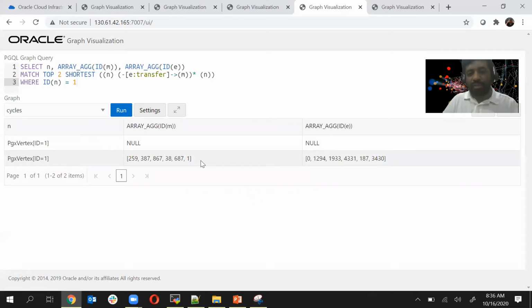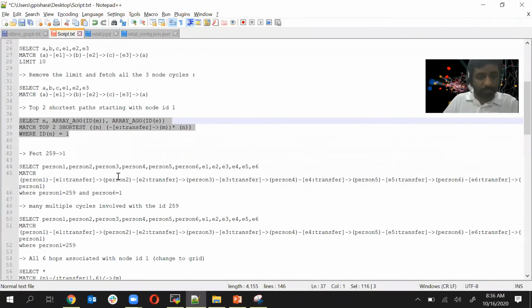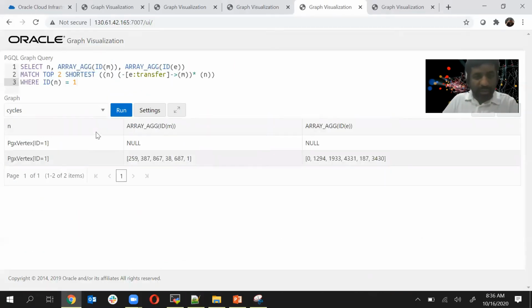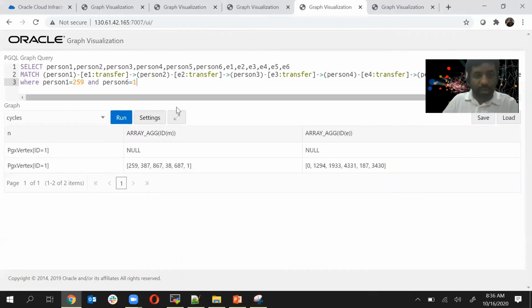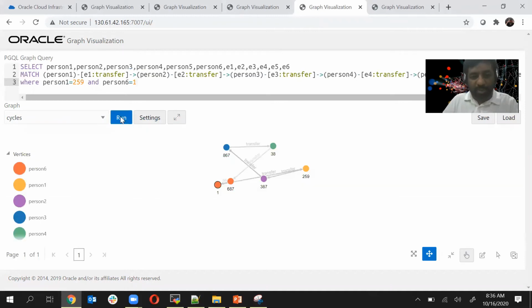Now, let's try to write a query wherein you want to see the actual information connecting this particular shortest path, which starts from 259 and goes to the ID 1. So I can write a query like that. Since I know that it's a 6-hop cycle, I am explicitly writing that I want information on all the persons and all the edges.